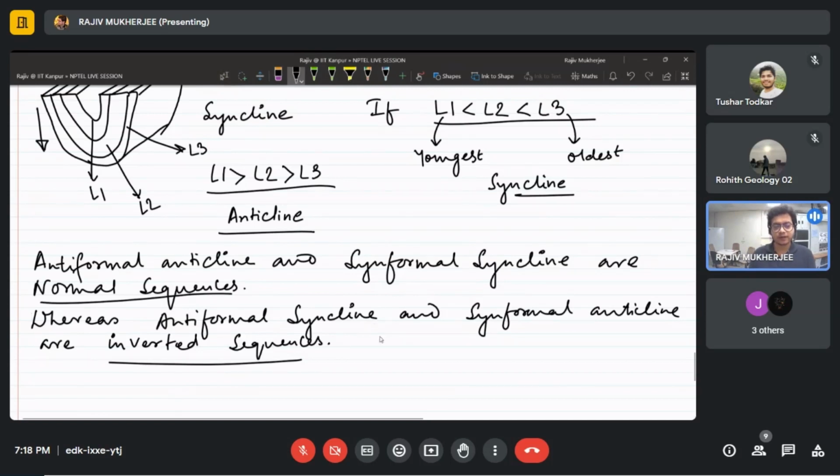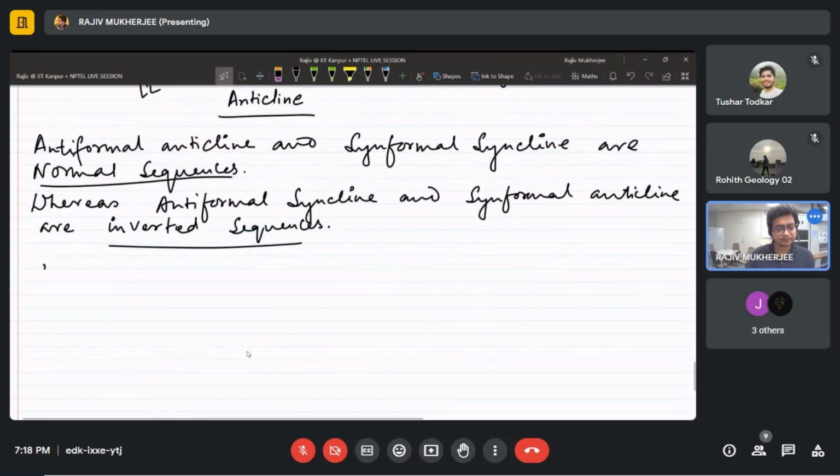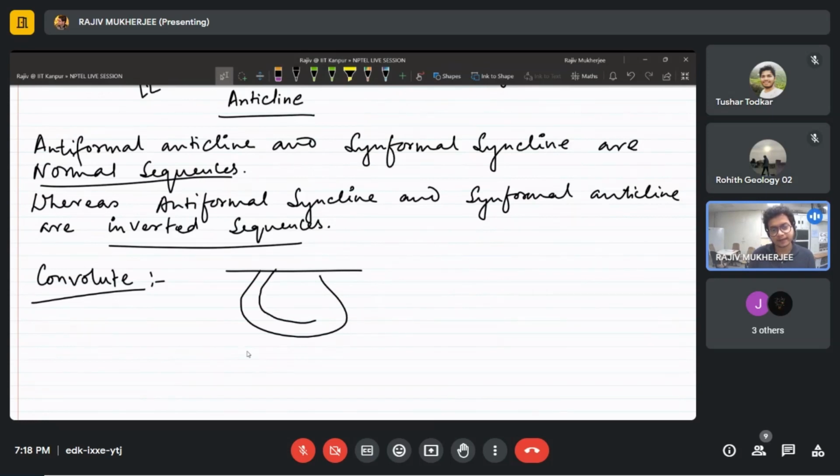And there are also other markers like convolute. So in case of convolute, we see that they form like this, right?